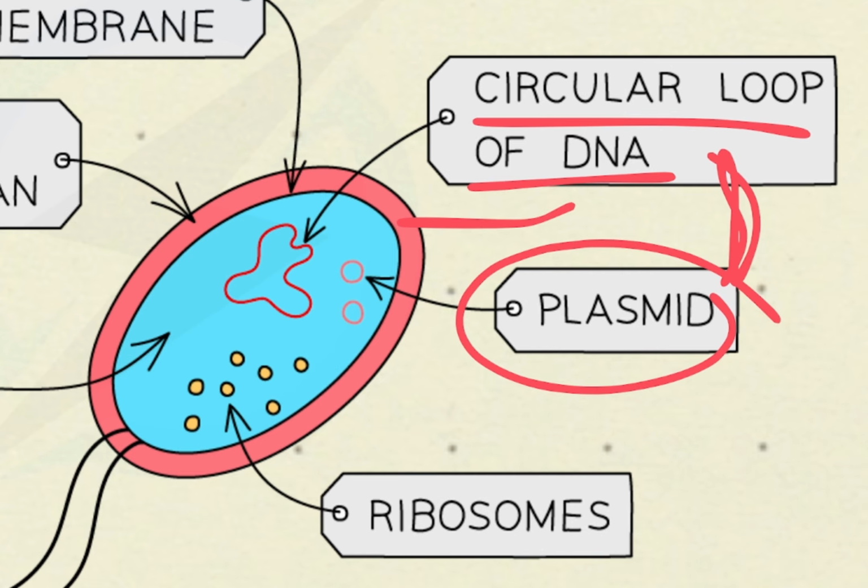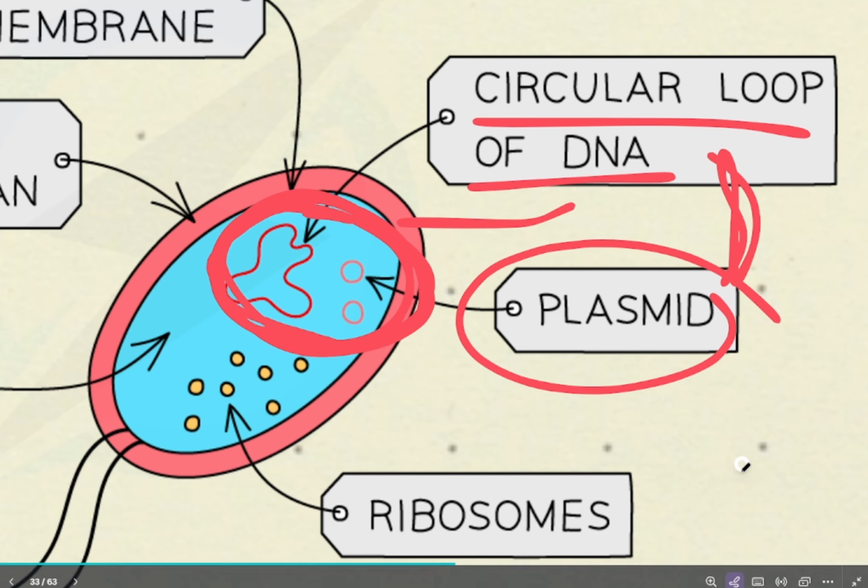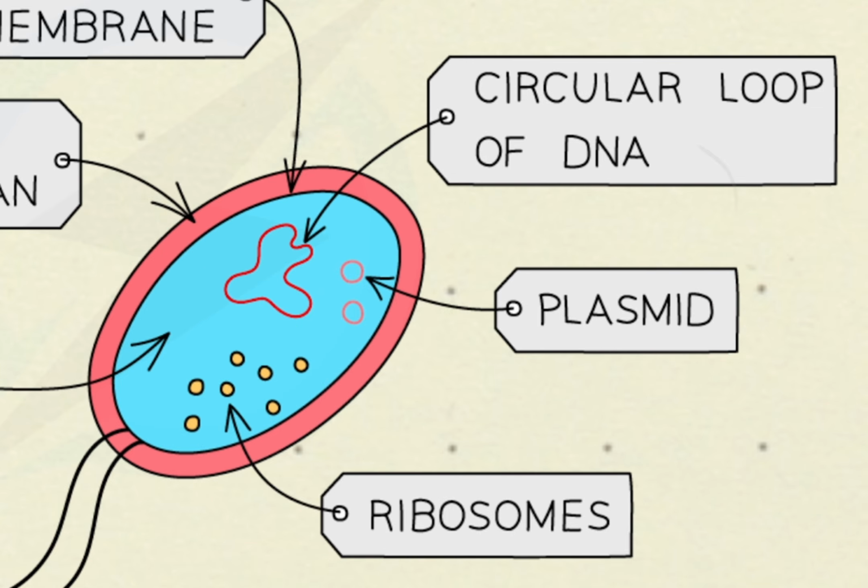Both of these basically mean DNA. But this DNA is not enclosed in an organelle. In other cells, this organelle is known as a nucleus, in which the DNA and the chromosomes are found, right? But here there is no nucleus present.